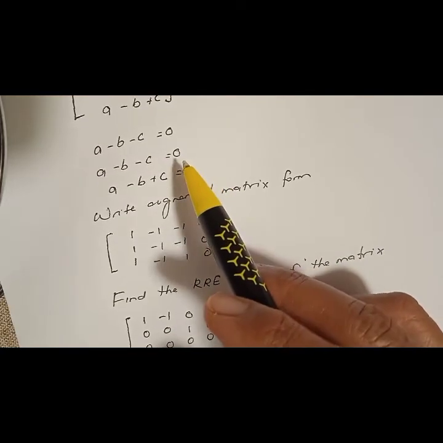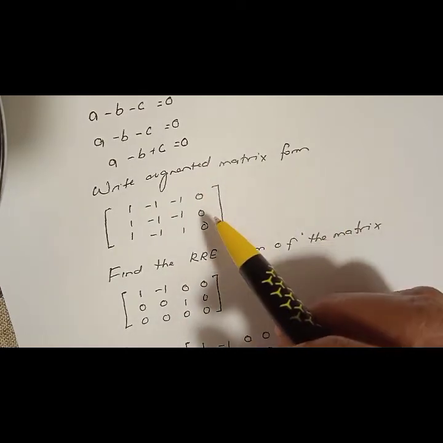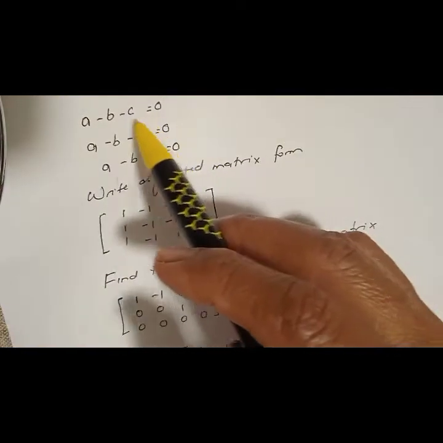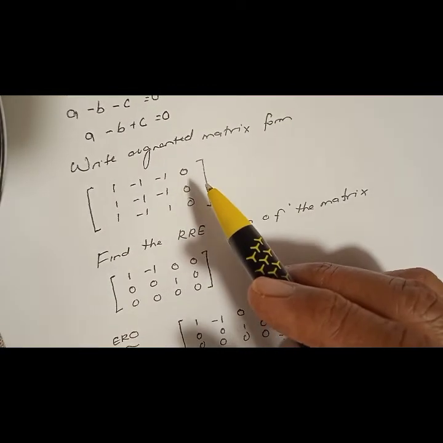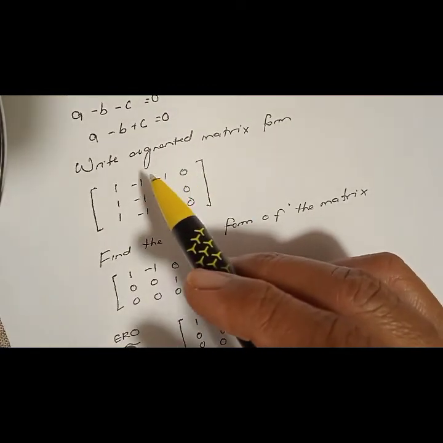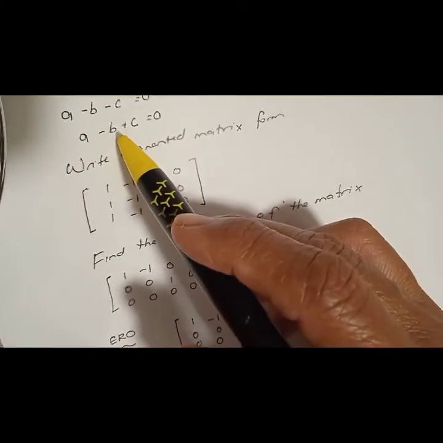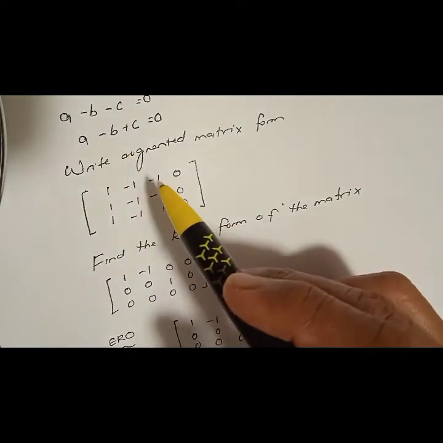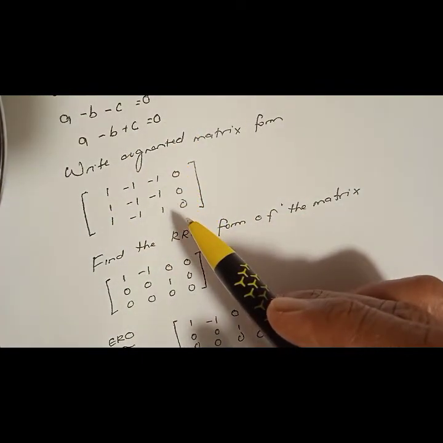From these equations, we form an augmented matrix like this, with the coefficients on the left side and 0, 0 on the right side.